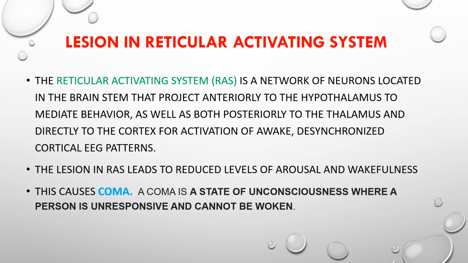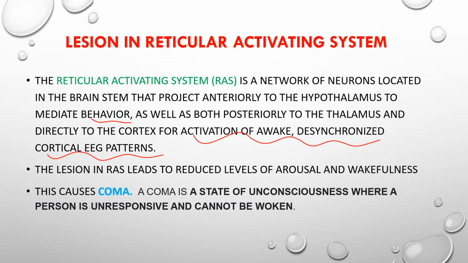Next is lesion in reticular activating system. Now, what is the reticular activating system? It is a network of neurons located in the brainstem that projects anteriorly to the hypothalamus to mediate behavior, as well as projecting posteriorly to the thalamus and directly to the cortex for activation of awake desynchronized cortical EEG patterns.